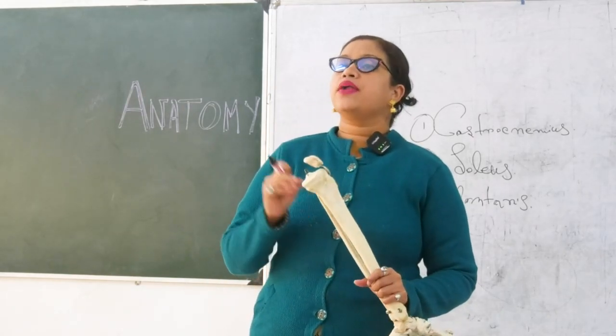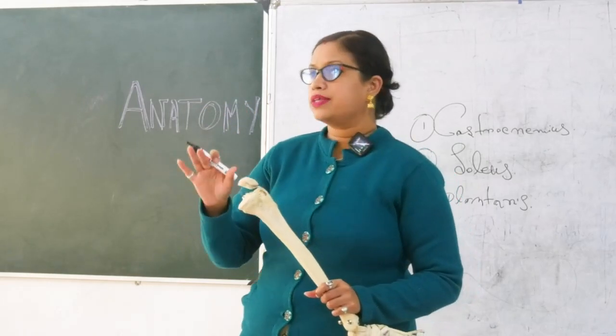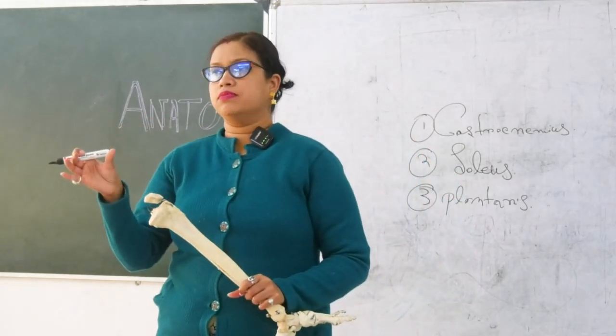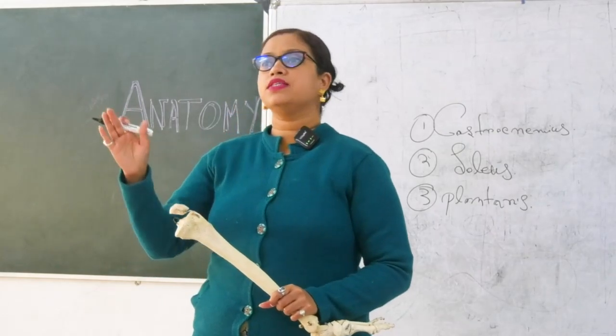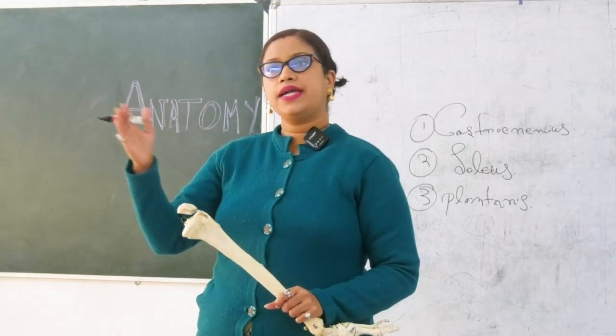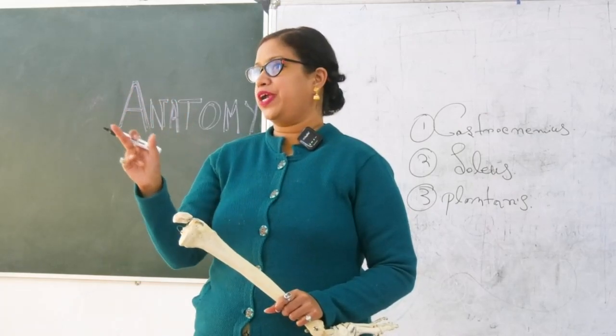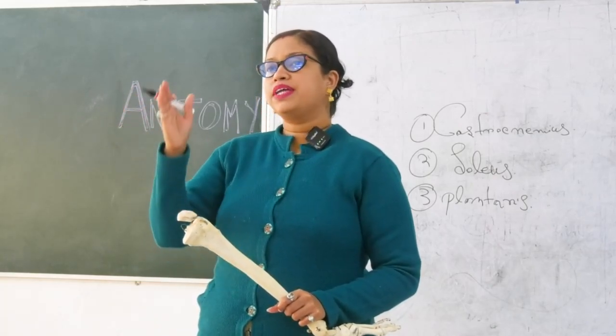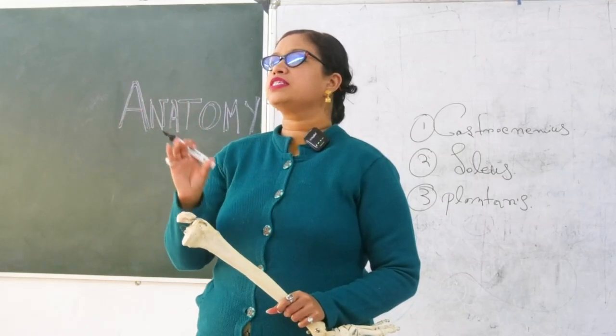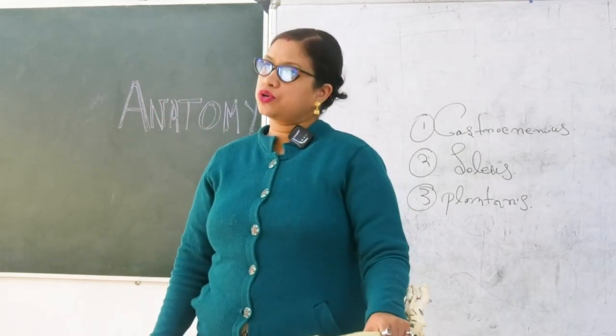Now the thing is where you have to trace. Suppose you are dissecting, what will you get first? Skin, superficial fascia, then deep fascia, then the fifth thing, the capsule of the knee joint. After cutting the capsule you have the muscle known as gastrocnemius.